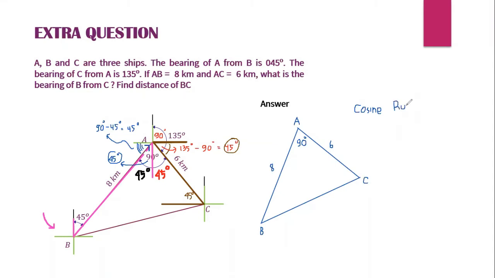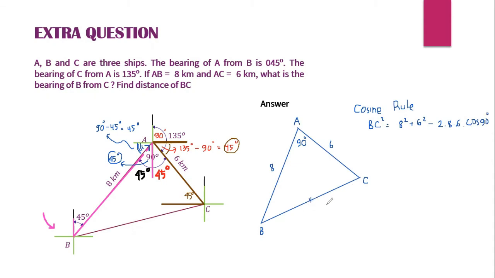Yeah, cosine rule. So BC squared equals a squared plus 6 squared minus 2 times a times 6 times cosine 90 degrees, right? Because it is opposite to BC.